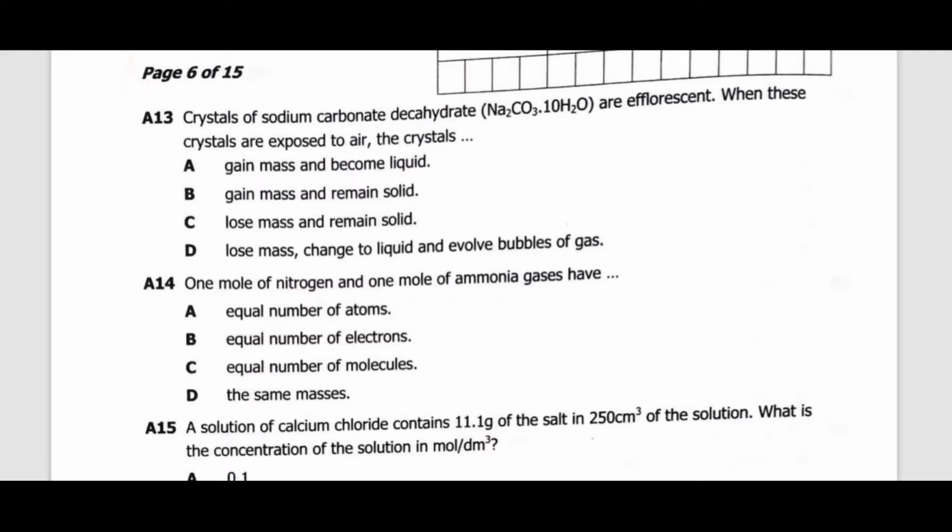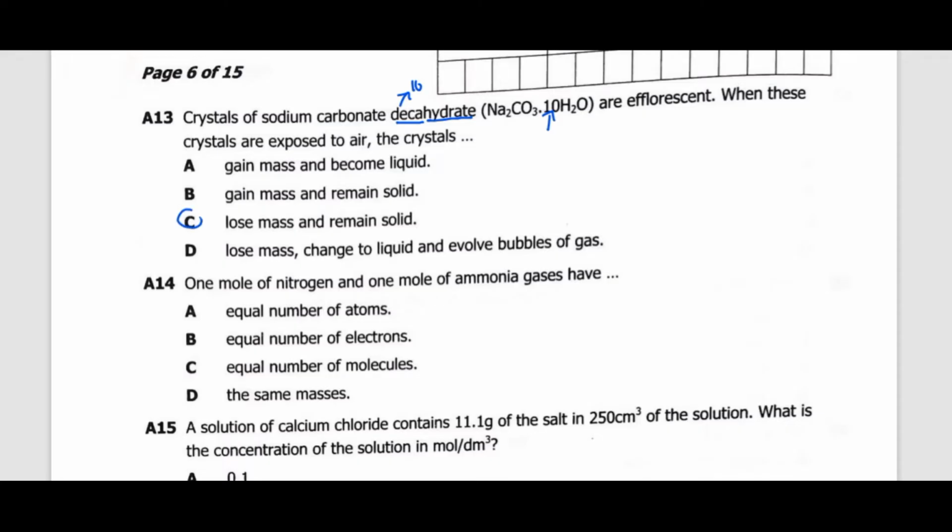Crystals of sodium carbonate decahydrate. So decahydrate, the hydrate means we have water, then deca means 10. That's why we can see that we have 10 here. Then we are told efflorescent. When these crystals are exposed to air, the crystals: A, gain mass and become liquid, B, gain mass and remain solid, C, lose mass and remain solid.